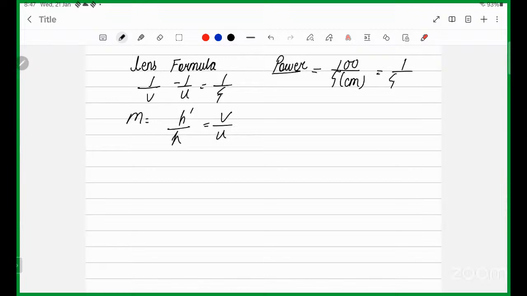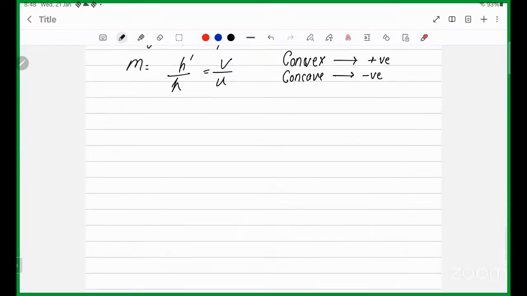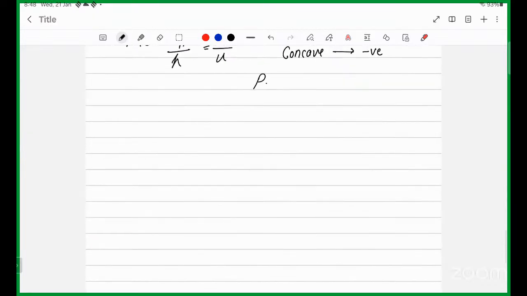For convex it is positive, and for concave it is negative, as the focal length is negative, so the power is negative. Okay, and if there are many lenses and we have to calculate the power of all, then it will be the cumulative of all.